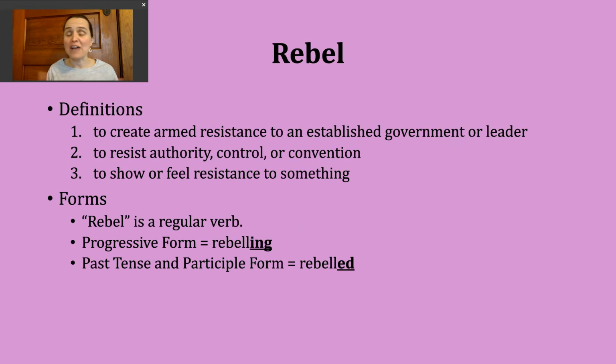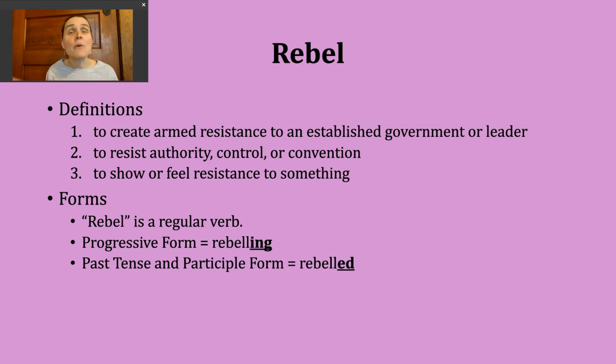Sometimes, as you read about historical events, or even modern day ones, you're going to see this verb used to describe usually when a group of people have some type of armed resistance. So think weapons, and they're using it in order to defeat a government, a ruler, a leader, something of that nature.